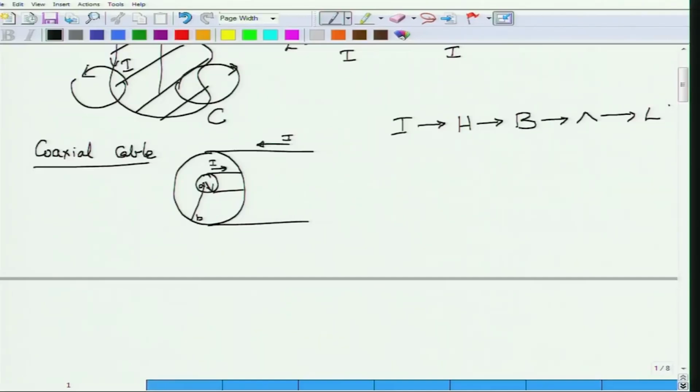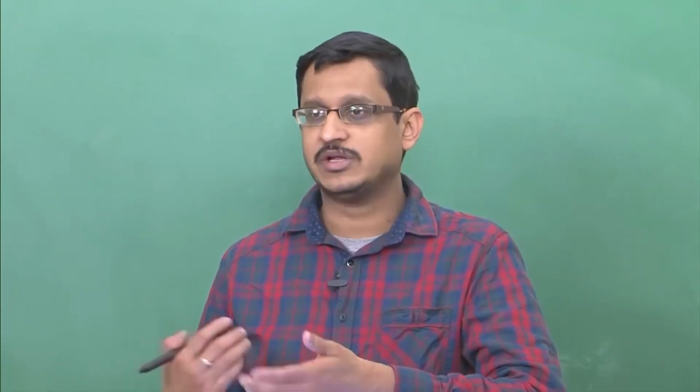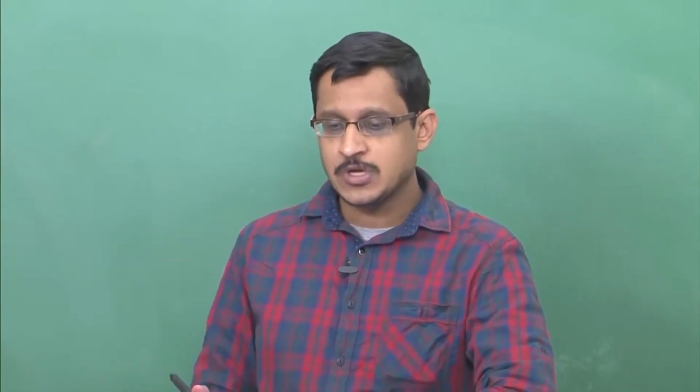This should remind you of the path that we used for capacitance. We assumed a certain charge, from there we obtained the electric field, then we obtained the potential difference, and then took the ratio of charge to potential difference to get the capacitance. So similarly here we are going to start with the current and hopefully end up with inductance.